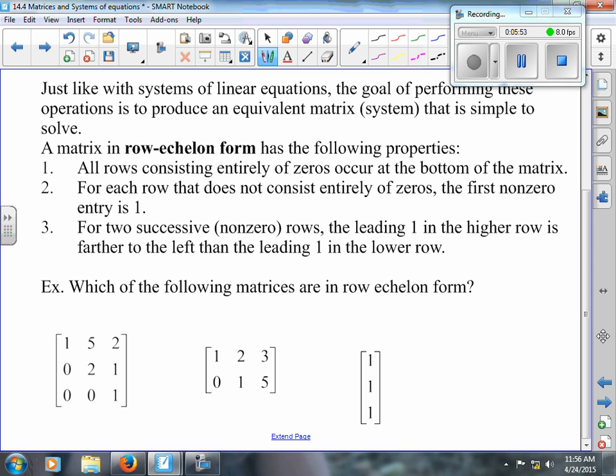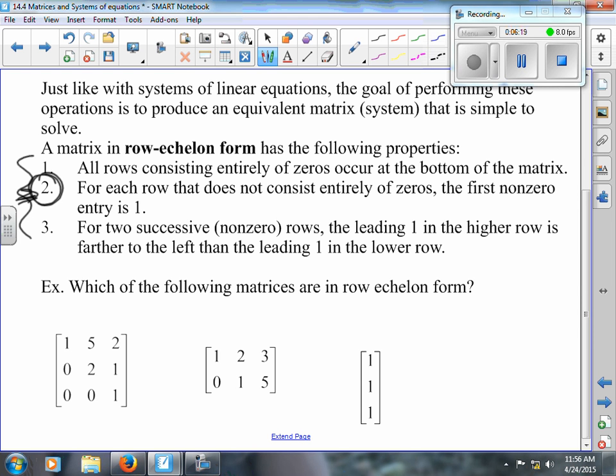Now, to be in the correct form in which you can back substitute easily, like we did before, you want to have these three criteria. So if you have any all zeros, we stick those at the bottom. Then after that, I think it's easier to solve without doing this, but this is technically what you need to be in row echelon form.